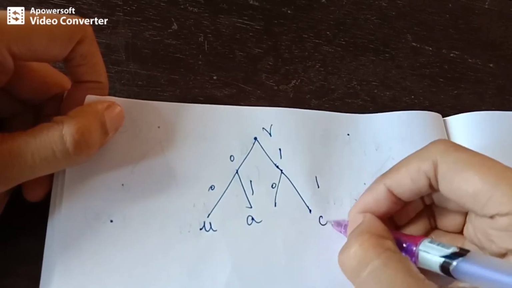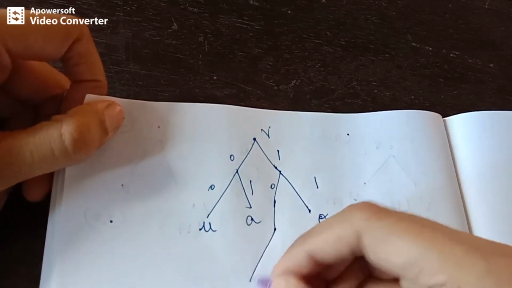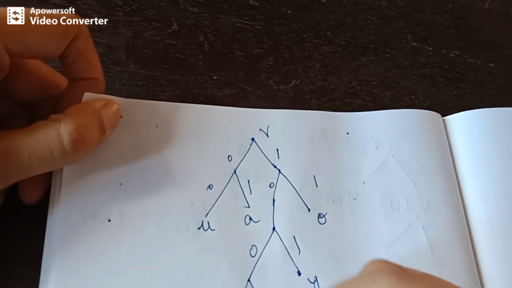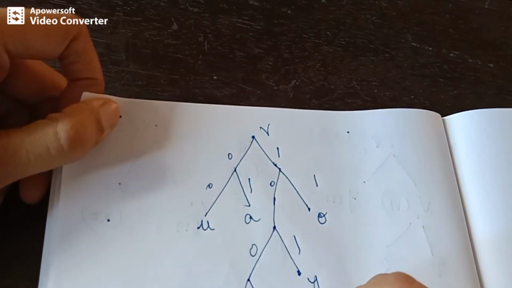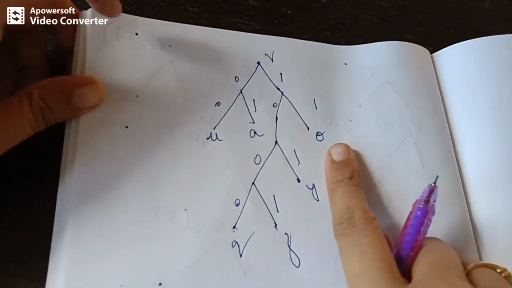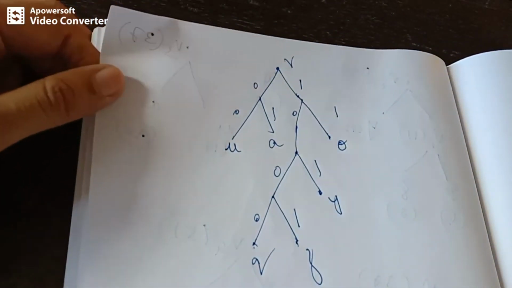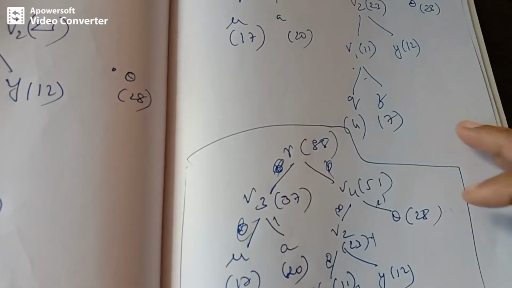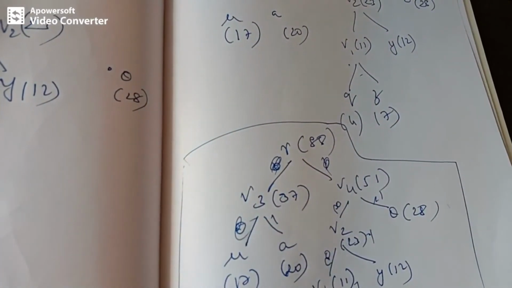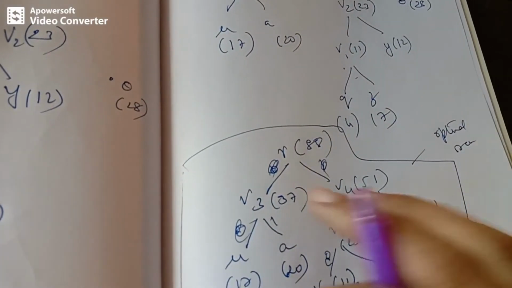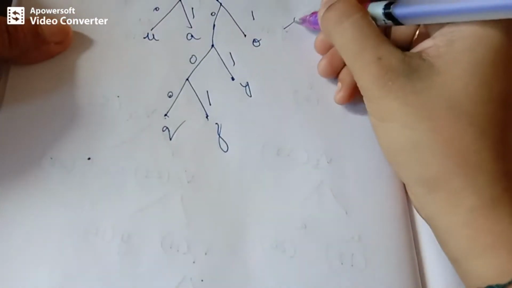This is how it looks. This will be Z, this will be Q. You have Q, Z, Y and O, U and A, right? So as per the previous tree, U, A, Q, Z, Y, O. I am not including the weights. So this is just an optimal tree, whereas this is an optimal prefix tree.